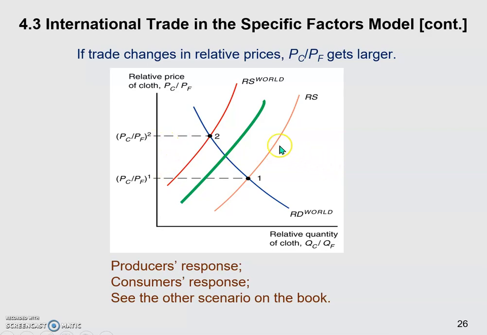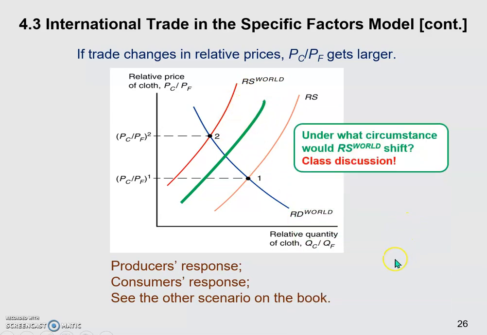But have you ever thought that RS world might be shifted after trade, like what I put here, the green one? Or you may think RS world would never change, it would just stay there no matter what. So again the question is, under what circumstance would RS world shift? Or you could believe that it won't shift at all. Bring your thoughts to our class. We're going to discuss these.